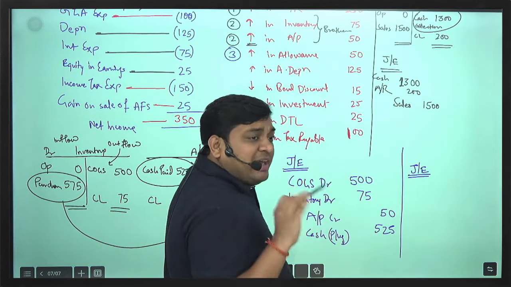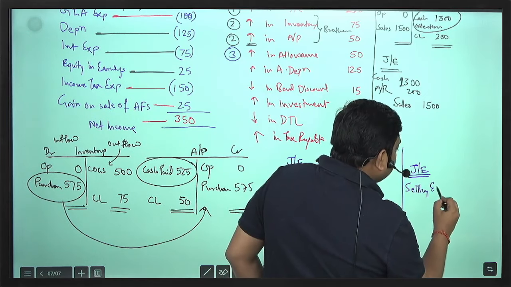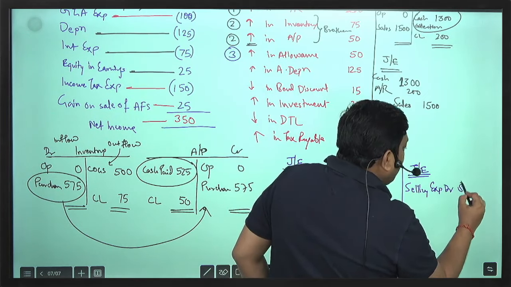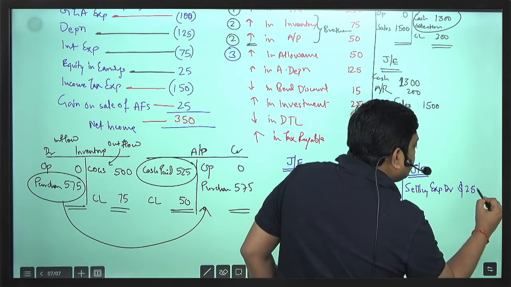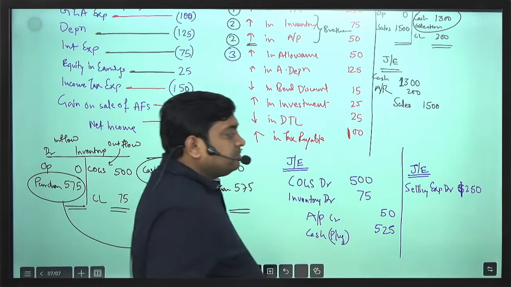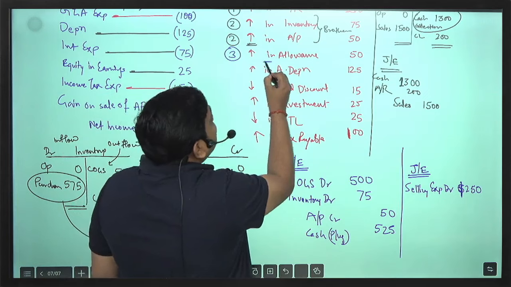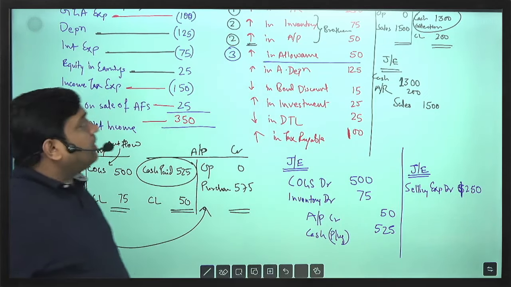Selling expense is what? Expense debit. How much? $250. Isn't it? This allowance has increased by 50.